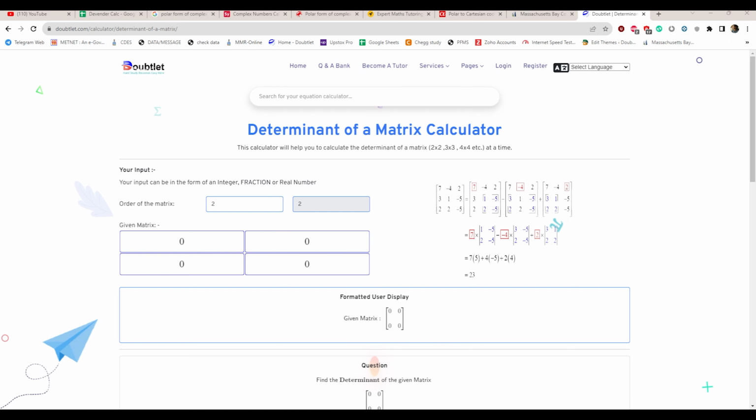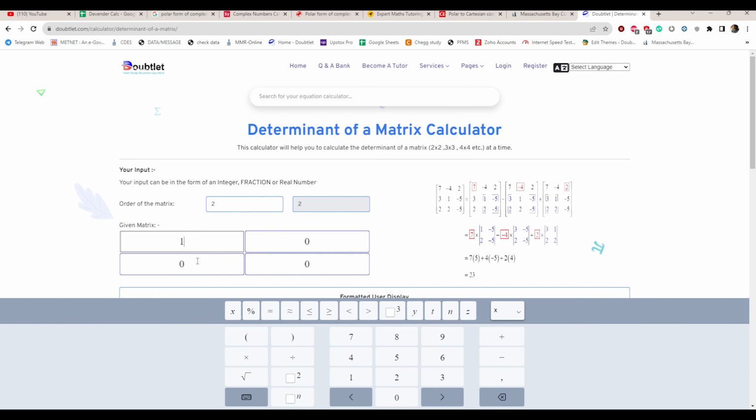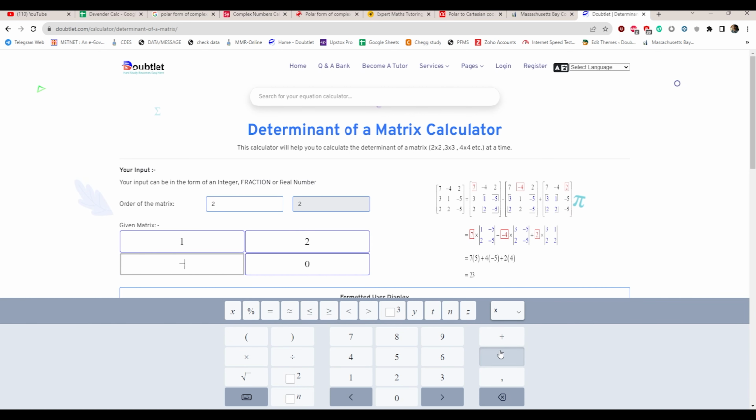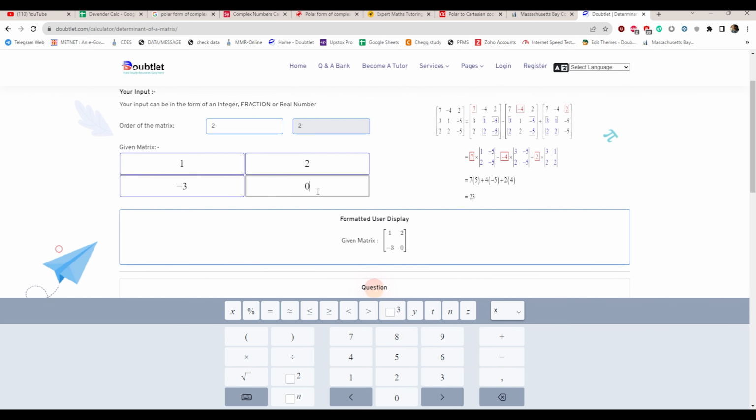So we are on the landing page of the calculator. Here you just type the order of the matrix, and accordingly the input boxes will be displayed. First we have solved the 2 cross 2 matrix, and we type in the elements: the first was 1, second was 2, third element was minus 3, and fourth element was 6.